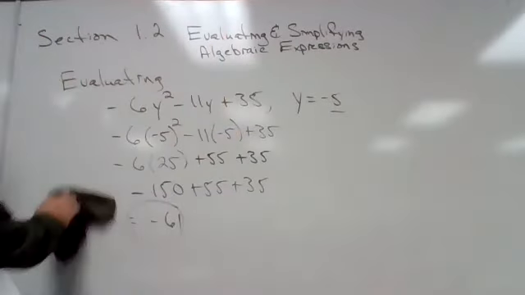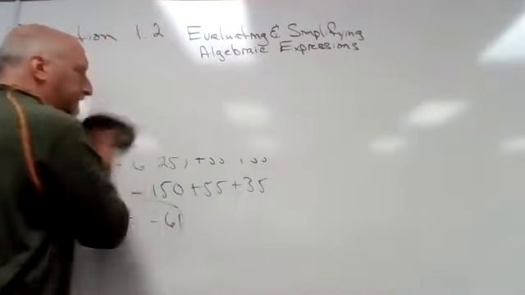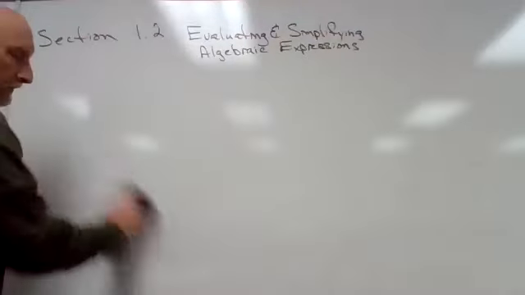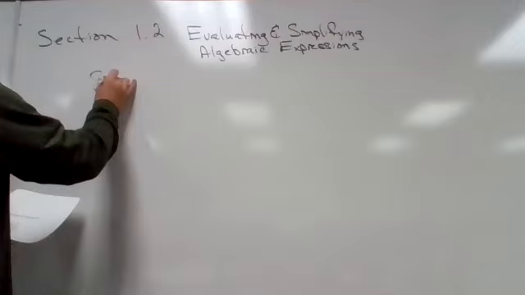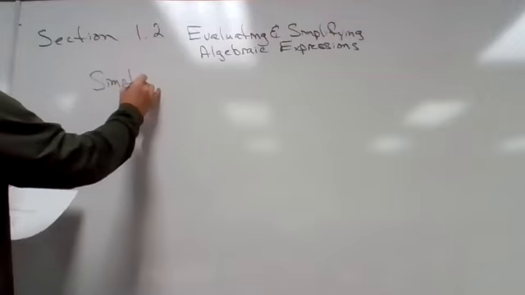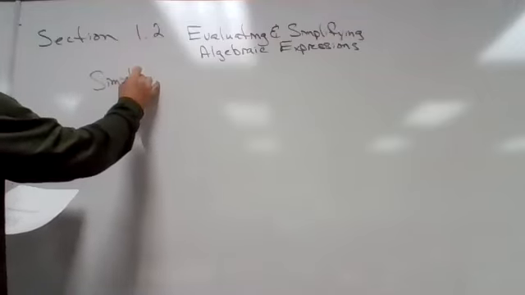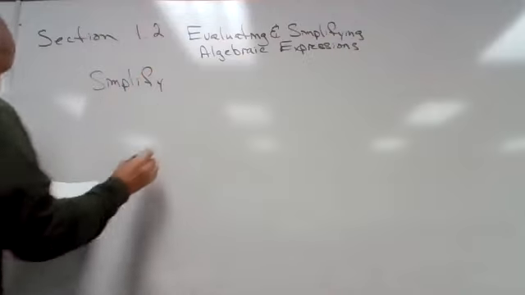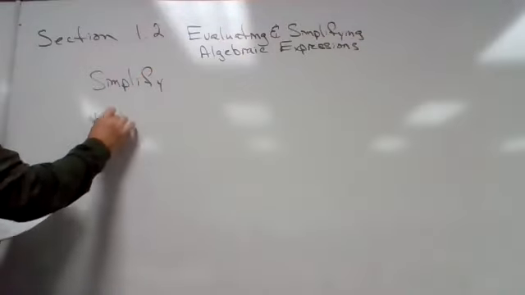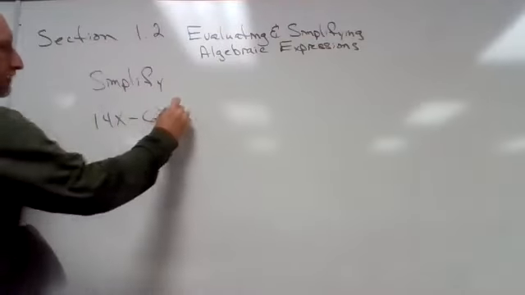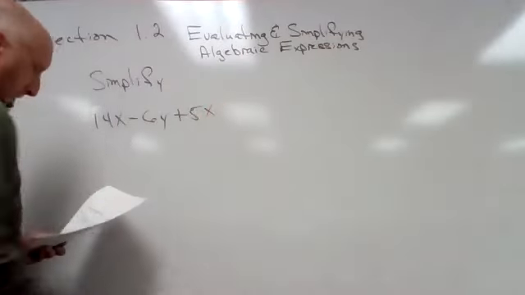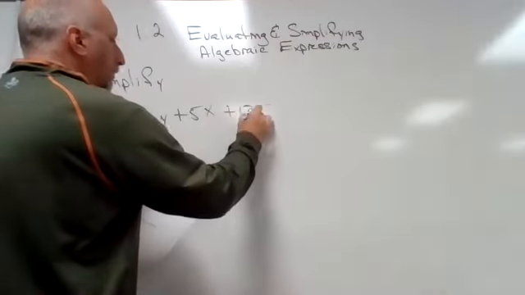Let's talk about simplifying. Simplifying basically means take what you have, combine what you can, and make it look nice and pretty. So let's take this, 14x minus 6y plus 5x plus 13y.